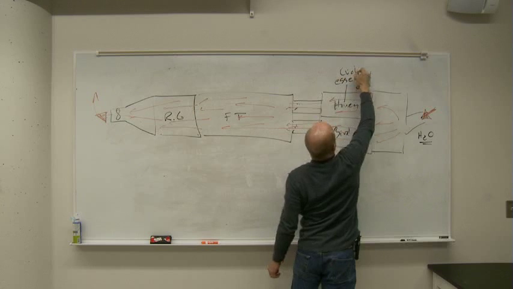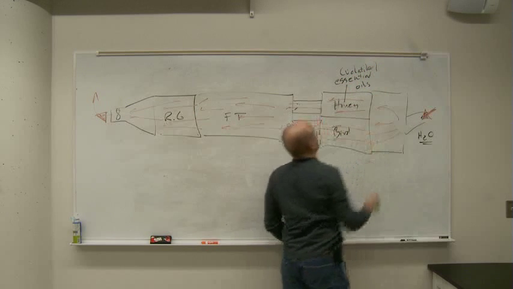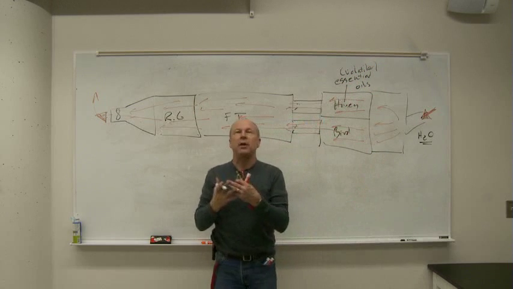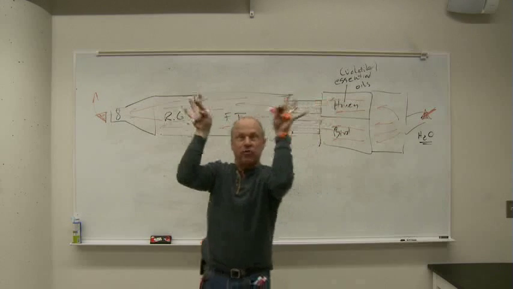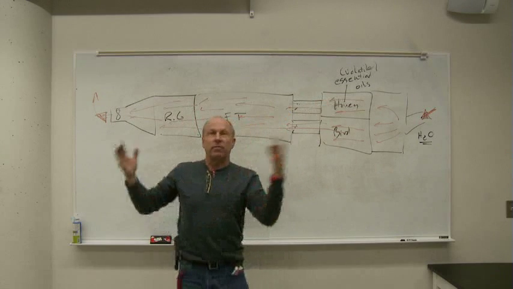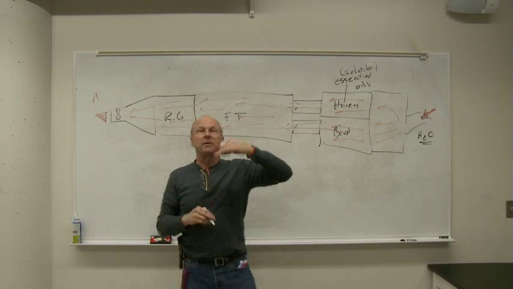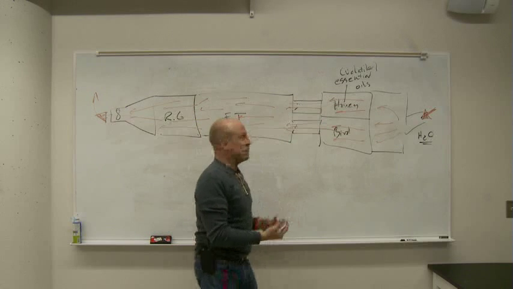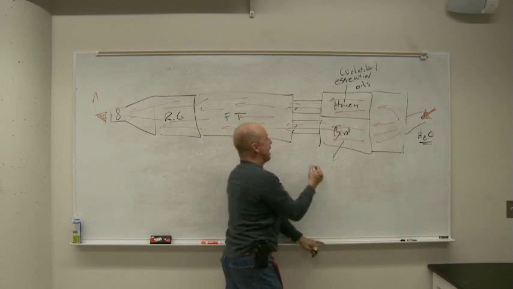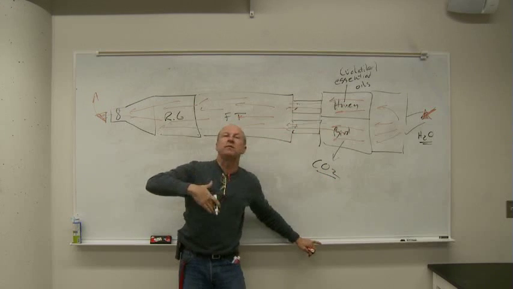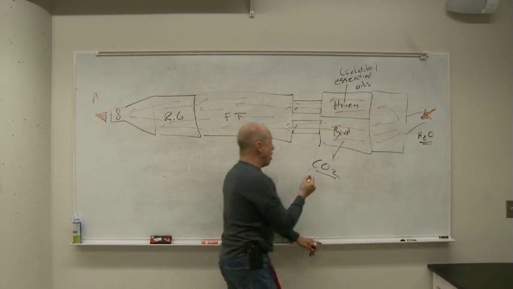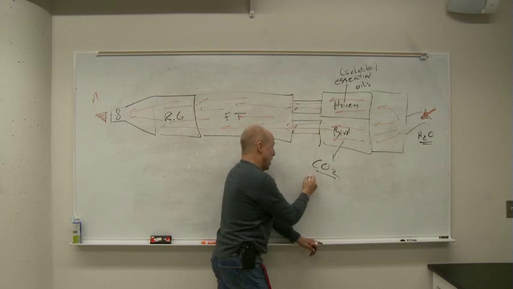So I guess I'll use the word volatile essential oils, chemicals that could be attractive to mosquitoes, things that could bind to specific receptors on the antennae, and of course if everything works well and thresholds are exceeded, there's a signal. On the bird side, we're going to have CO2 above and beyond the baseline level that is present in the regular air. We're also going to have other things.